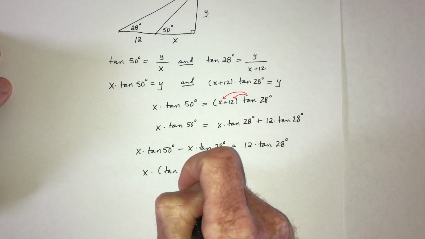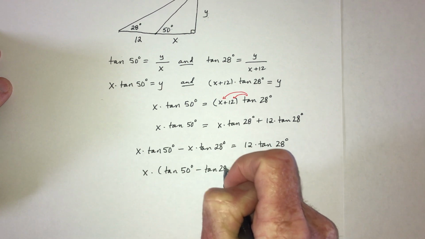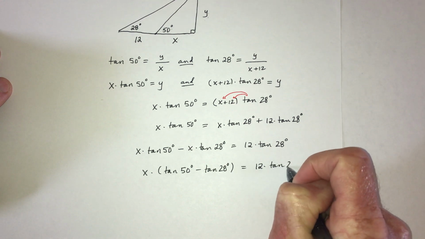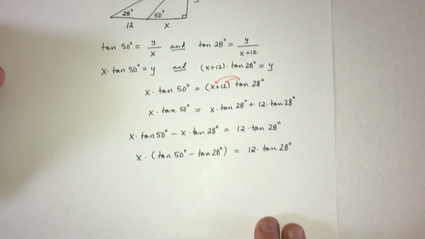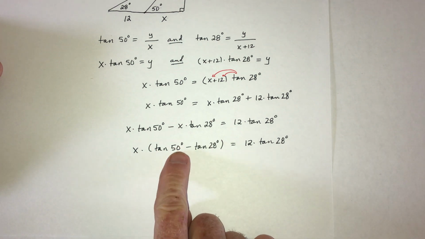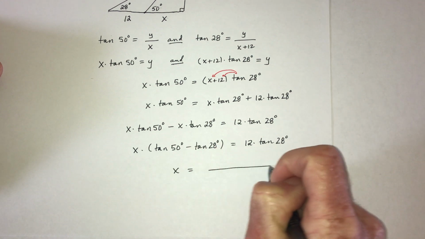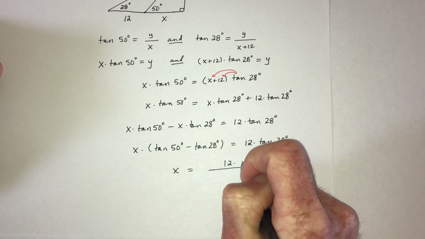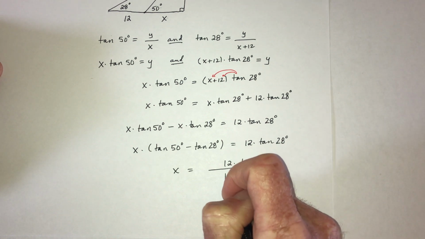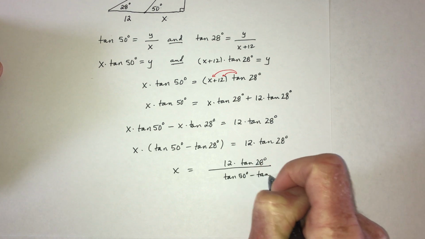And that would leave tangent of 50 degrees minus tangent of 28 degrees. And the last thing to do to solve for x is you leave the x here and you divide both sides by this. So x will equal, take the 12 tangent of 28 degrees and divide by tangent of 50 minus tangent of 28.